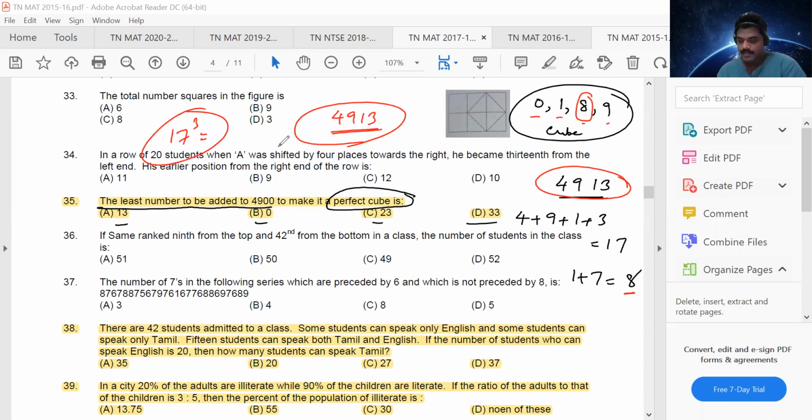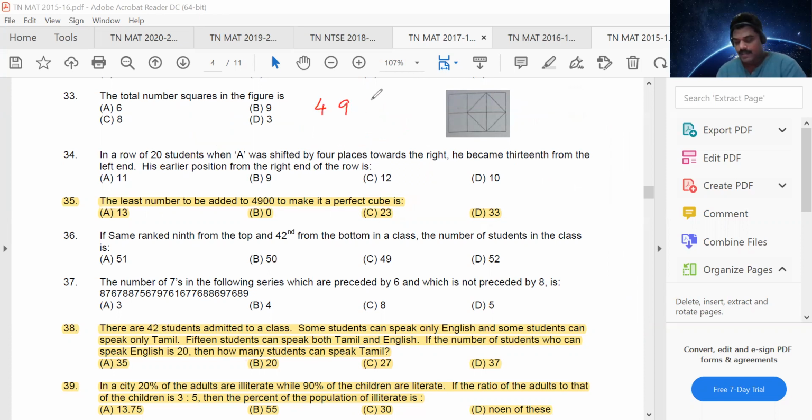Very simple. 4, 9, 1, 3. This is the given value. Now I will separate this into parts of 3 digits. What is the first value over here? 4. So I have to take the cube value which is less than 4. 1 cube is 1, 2 cube is 8.